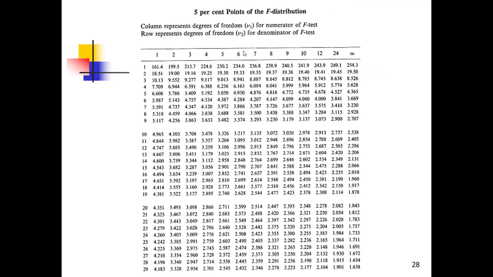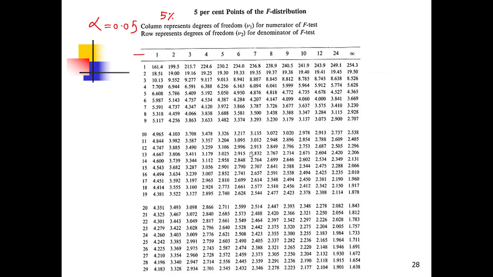We have the same table for alpha 5%, or alpha 0.05.